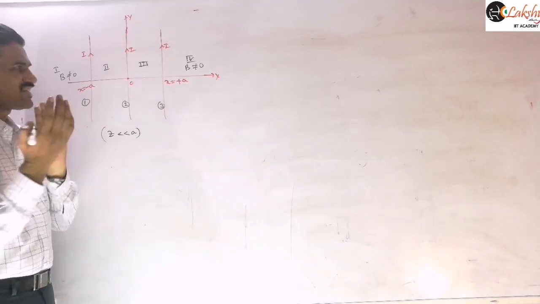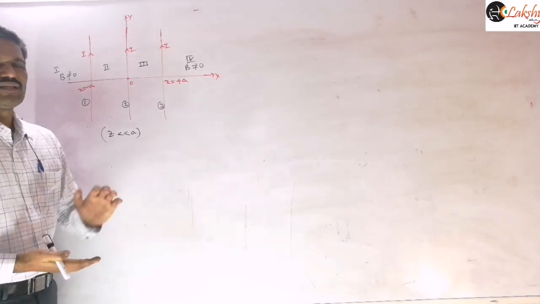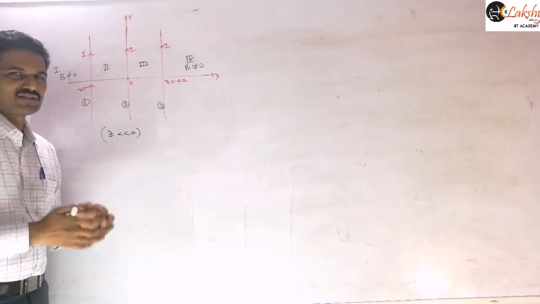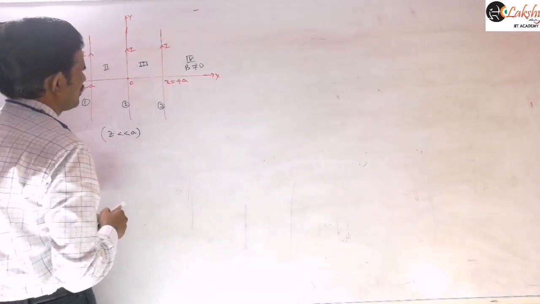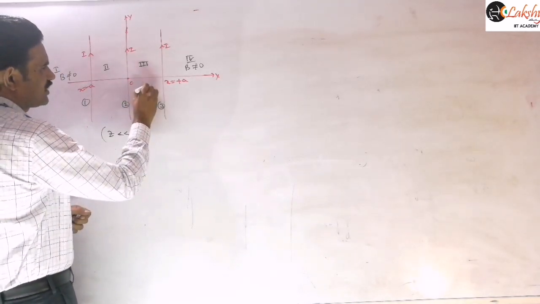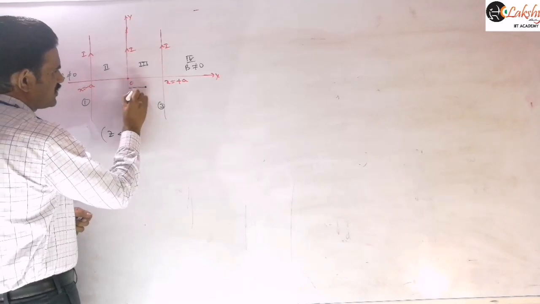So in region 2 and region 3 there is a chance of getting the neutral point, right? Now we need to check at what distance that neutral point is located. Suppose I take this distance to be x from this wire here.